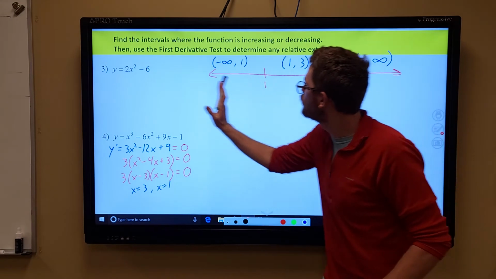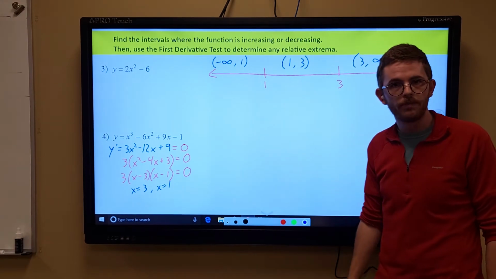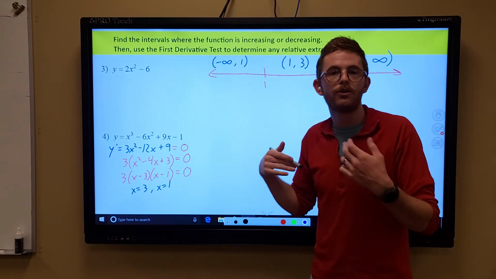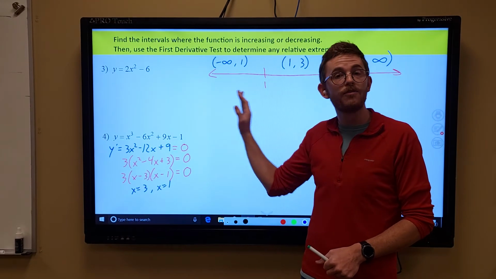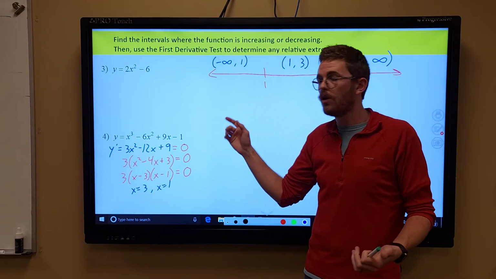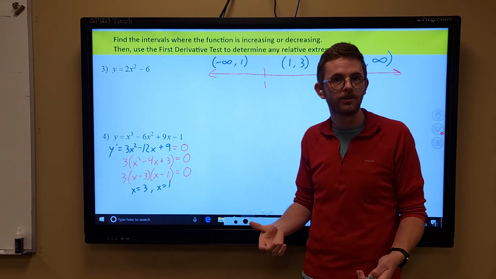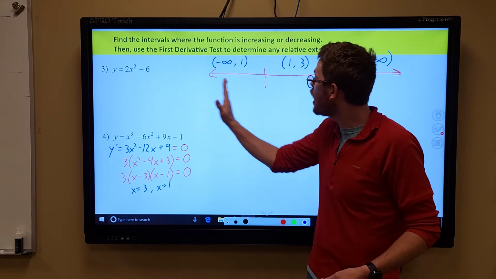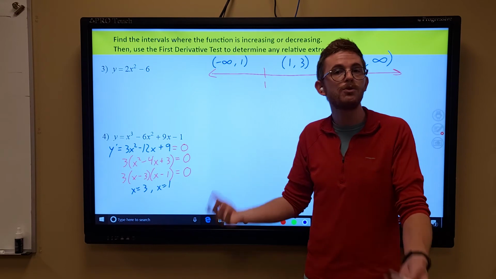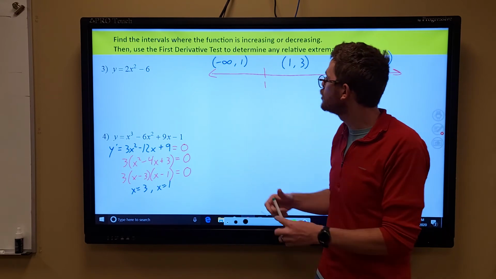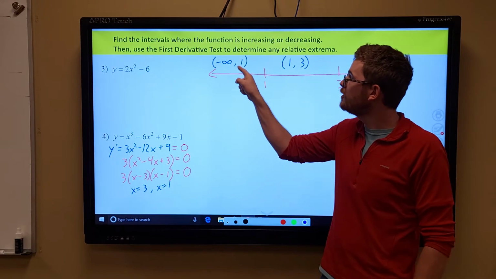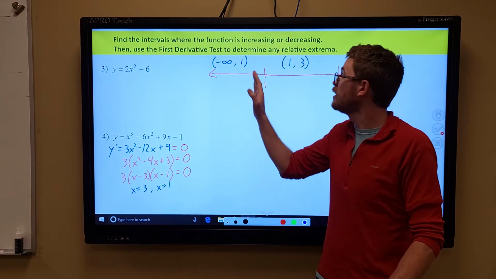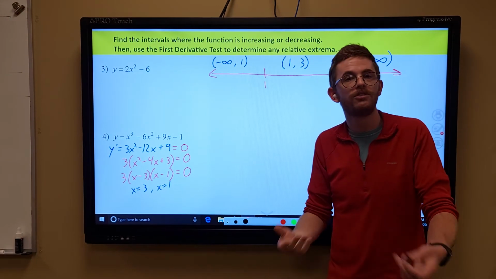Well, over here to the left of 1, what does my derivative say? If my derivative is negative over here, that means my function will be decreasing. If my derivative is positive over here, my function would be increasing. So I'm going to check a value less than 1, which would be 0.